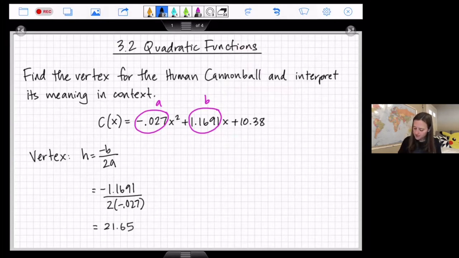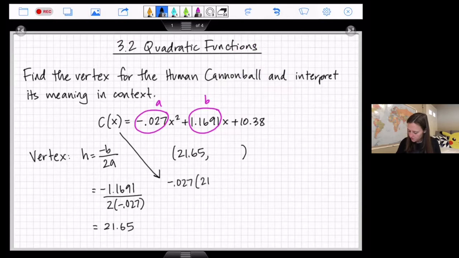So we know our vertex is going to be 21.65 comma something, and we're going to get that something by plugging into the c of x function. I'm just going to copy my formula down here to figure out my y coordinate. So we're going to plug in negative 0.027 times 21.65 squared plus 1.1691 times 21.65 plus 10.38.